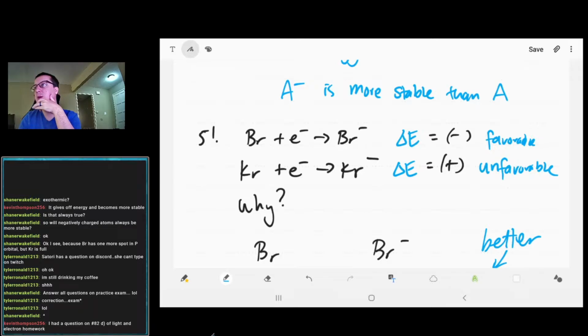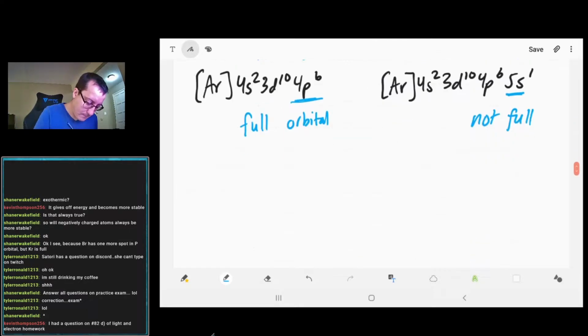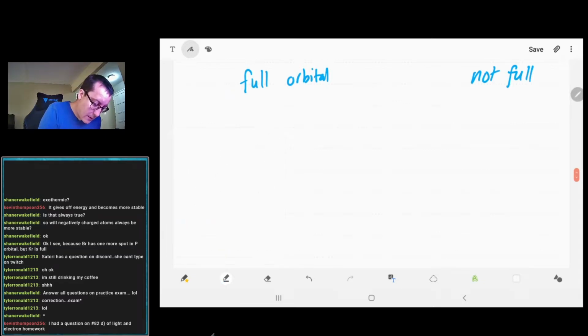Would you mind putting a picture of that in Discord so I don't have to look it up? Actually, I have it printed out right here. That's chapter... no, this is thermochemistry. Maybe this is here. Nope, forget it. You'll have to take a picture. Okay, so we're going to do number 60 as well. And then Kevin is going to get the other thing.